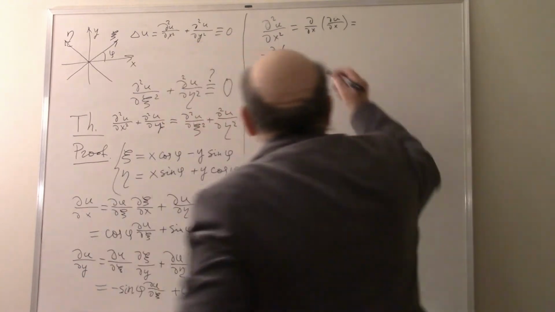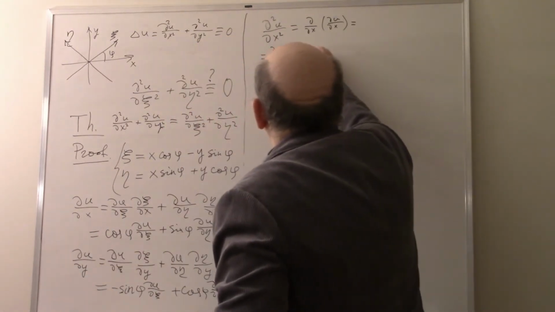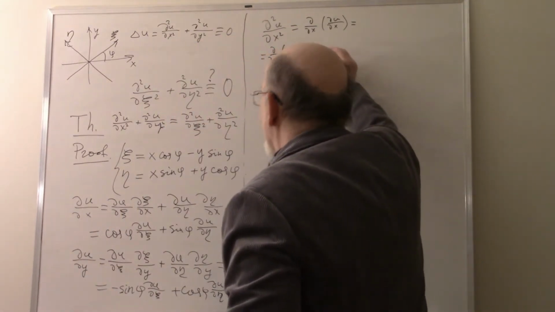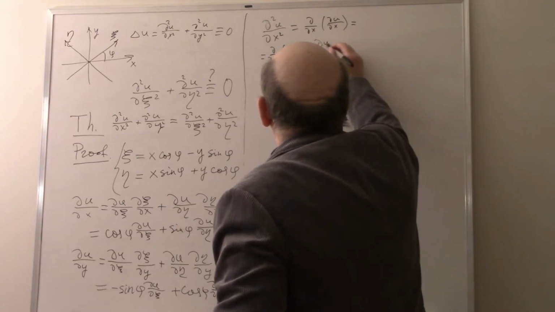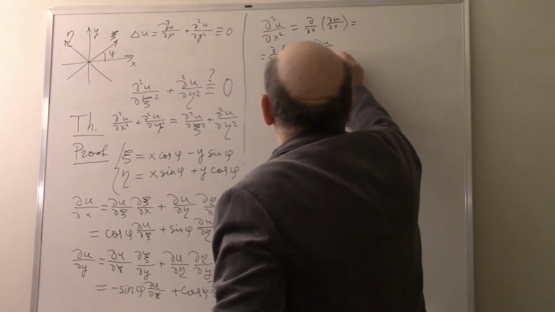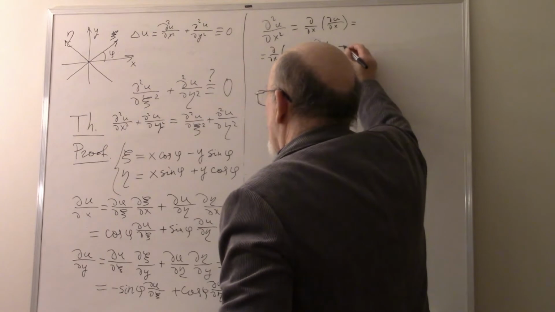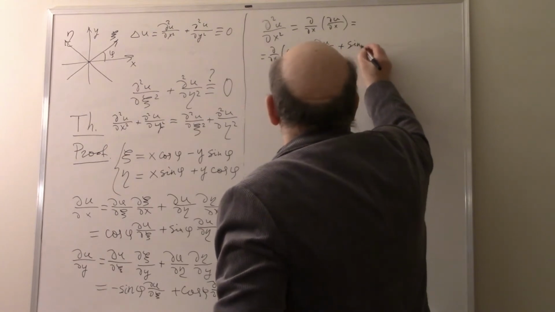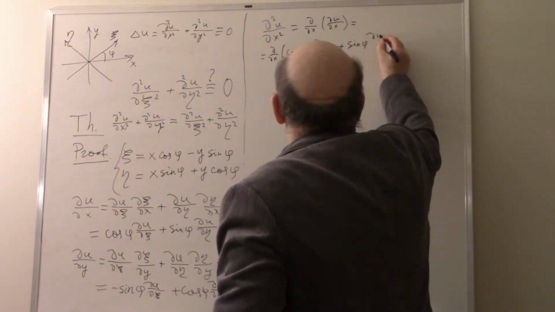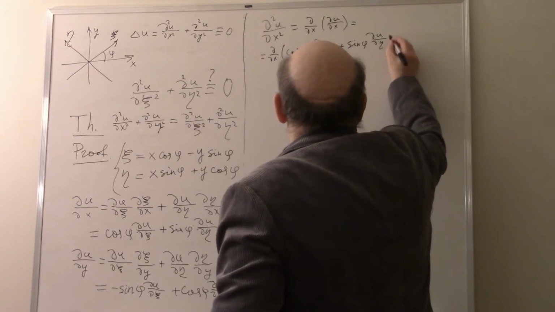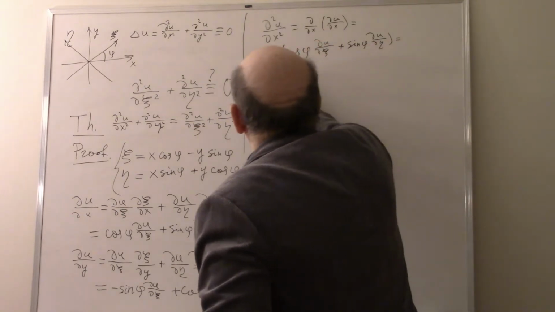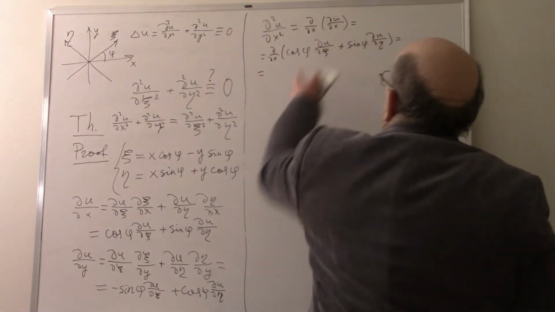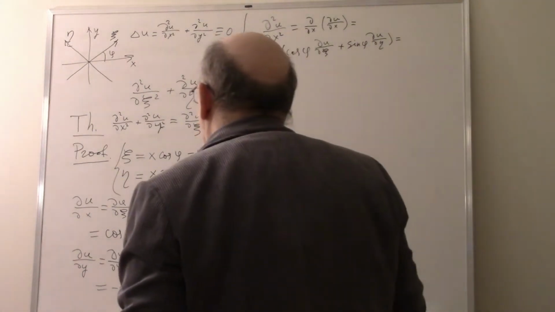It is cosine phi du d psi plus sine phi du d eta. Now it is a function, so we apply the same formula.